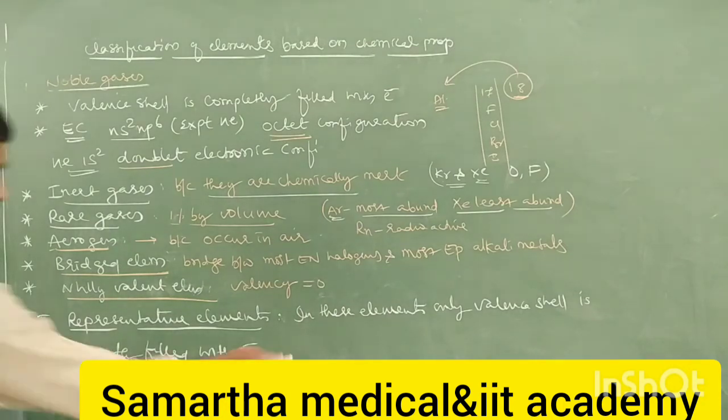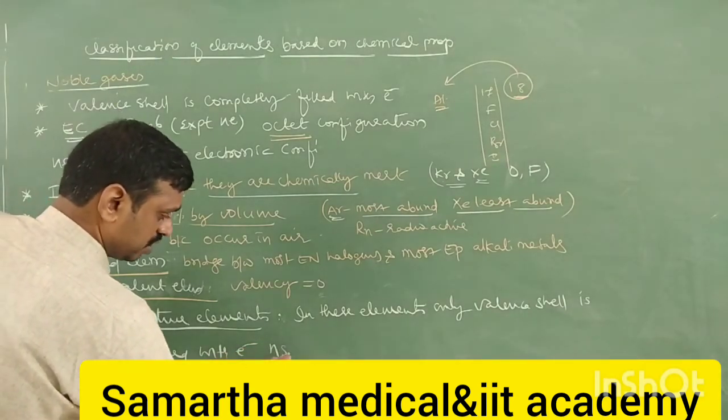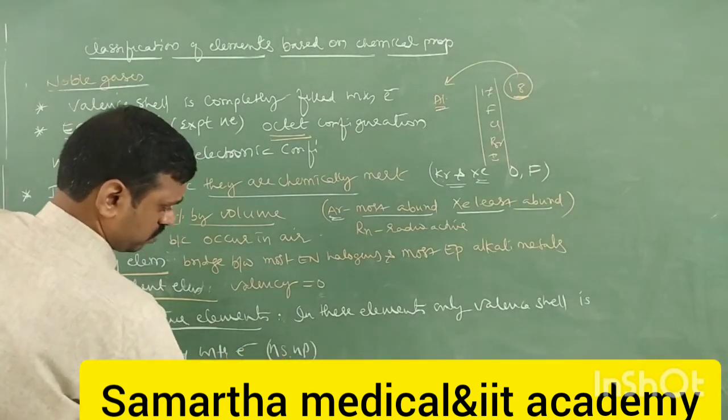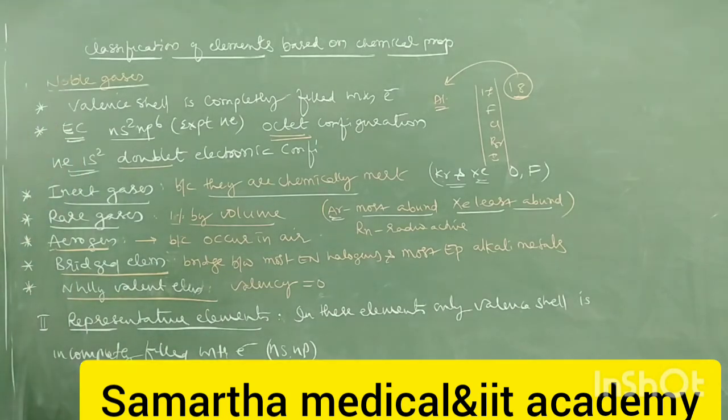That is, the valence ns and of course np orbitals are incompletely filled.